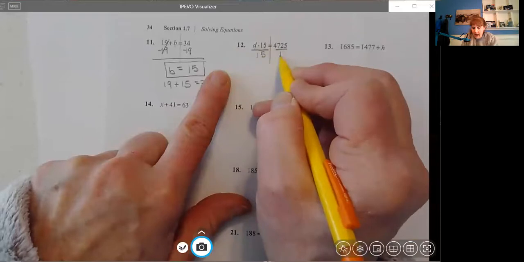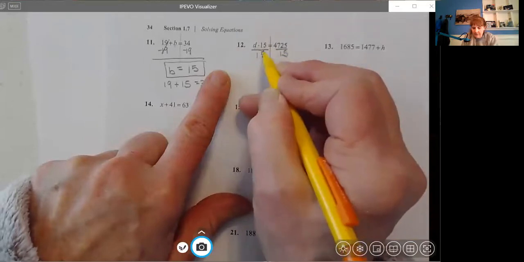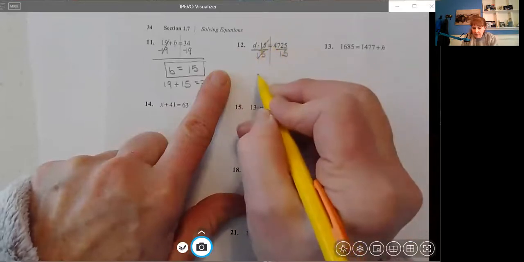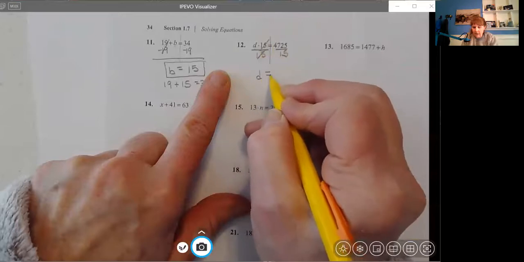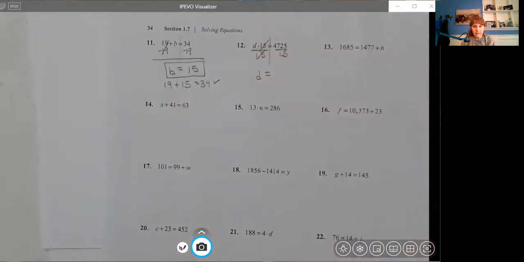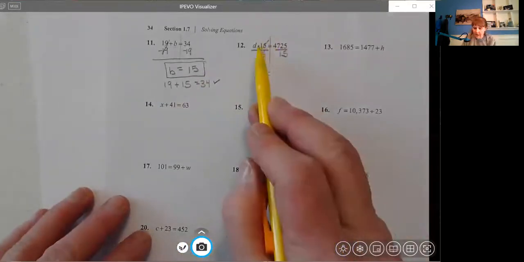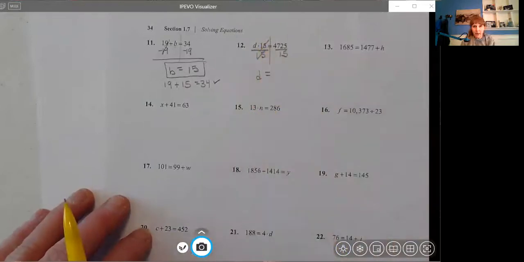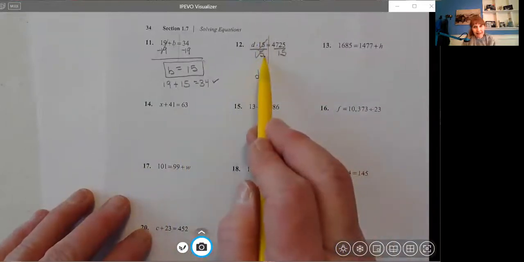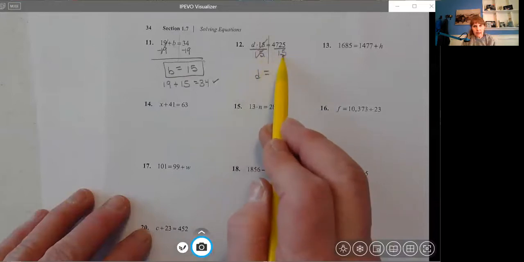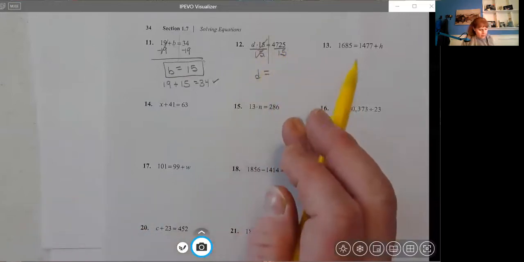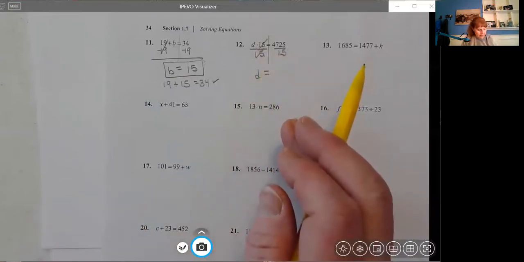So you would divide both sides by 15. So now our d is by itself. We got rid of the 15 by doing the opposite operation. If it's times, you divide, and whatever you do to one side to keep it balanced, you do to the other side.